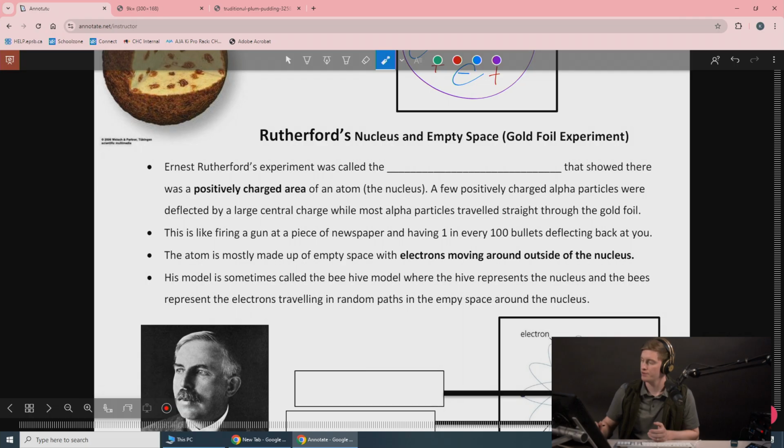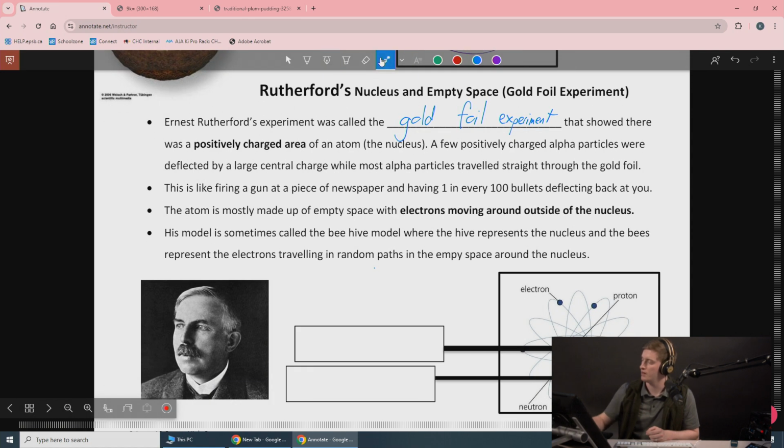Rutherford. Rutherford's experiment was called the gold foil experiment. And it showed that there was a positively charged area of an atom called the nucleus. What he did was he took some positively charged alpha particles and he shot them through a sheet of gold foil.